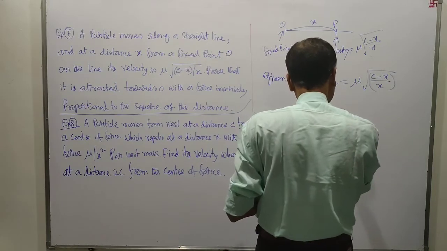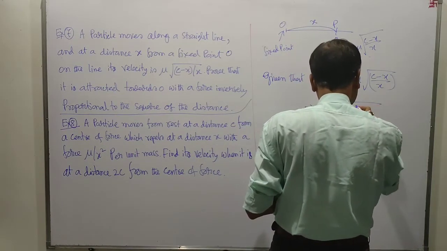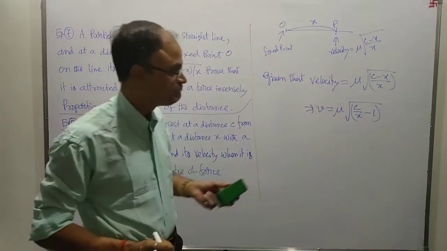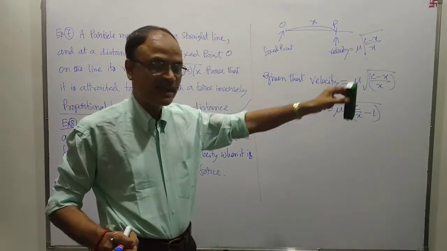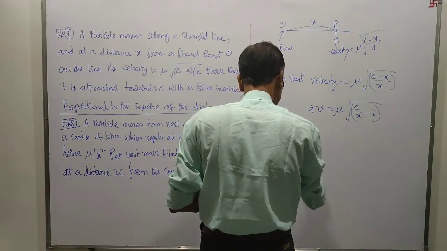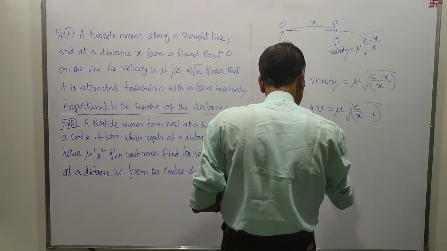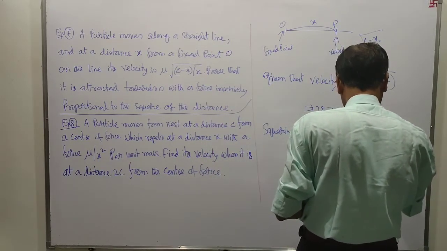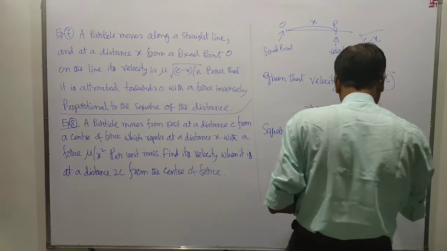This means velocity equal to mu root over c by x minus 1. You may write like this, since x by x is equal to 1. Just square it. Squaring, we get v square equal to mu square times c by x minus 1.